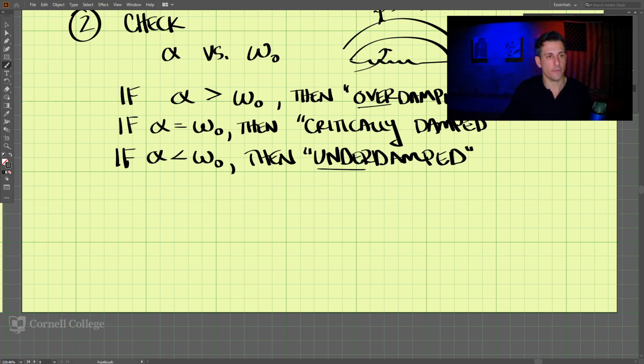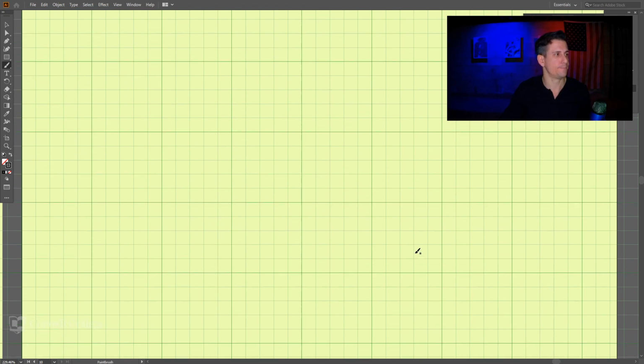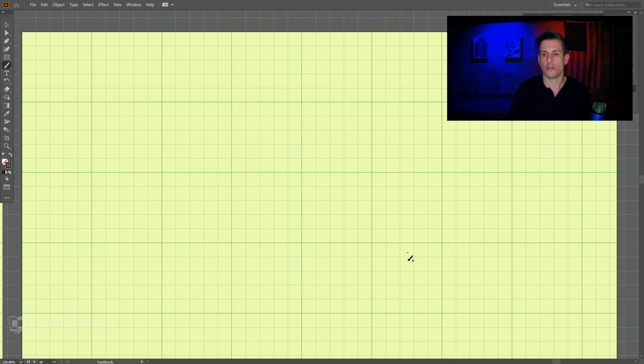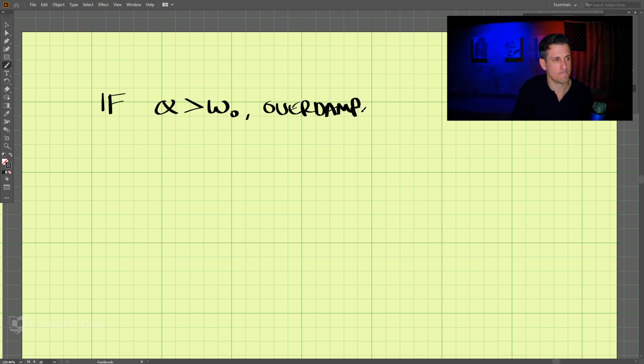So let's move on. Let me get another sheet here. So if alpha is greater than the resonant frequency, this is the overdamped case. Then our equation comes out to look like this.